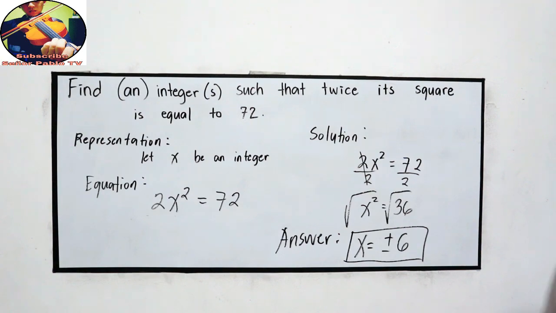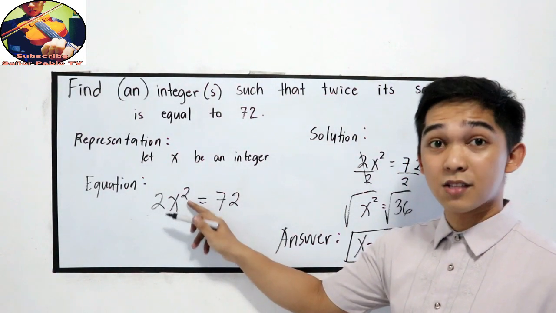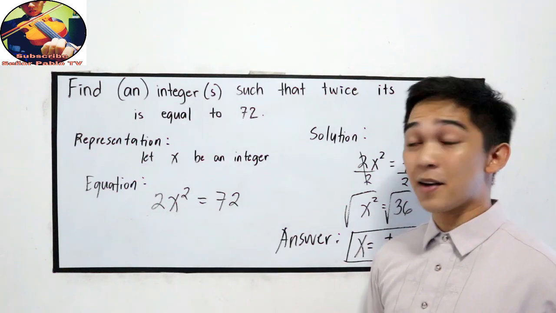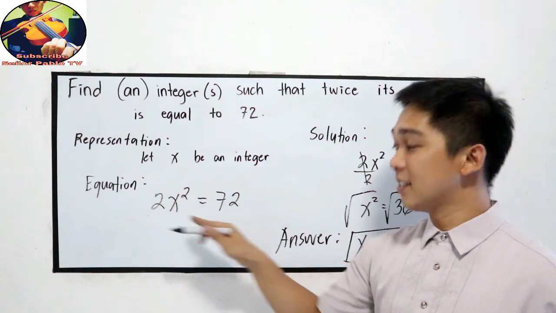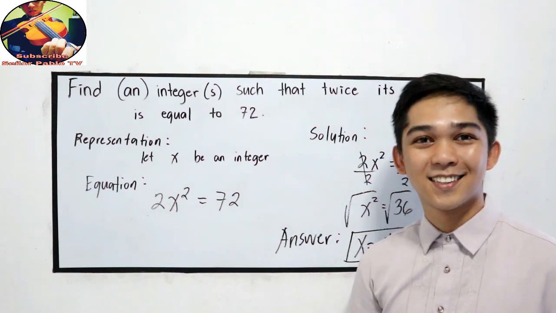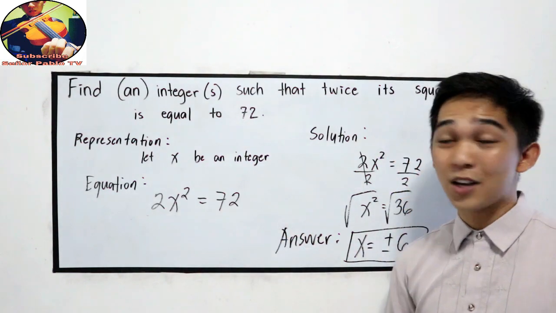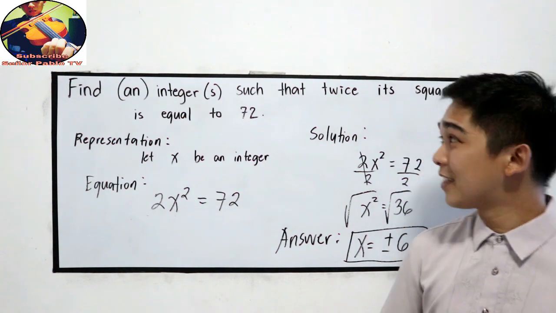So, i-check nga natin. Kapag positive 6, 6 square, 36 times 2, 72 siya. Kapag negative 6 naman, negative 6 square, so 36 times 2, 72 pa rin. Tama. So, yan yung pag-solve ng ating quadratic equation kapag digit number lang siya, or integer lang hinahanap.